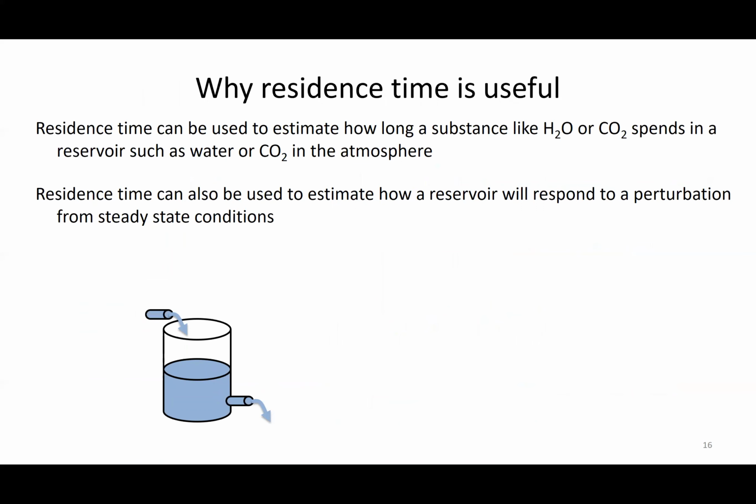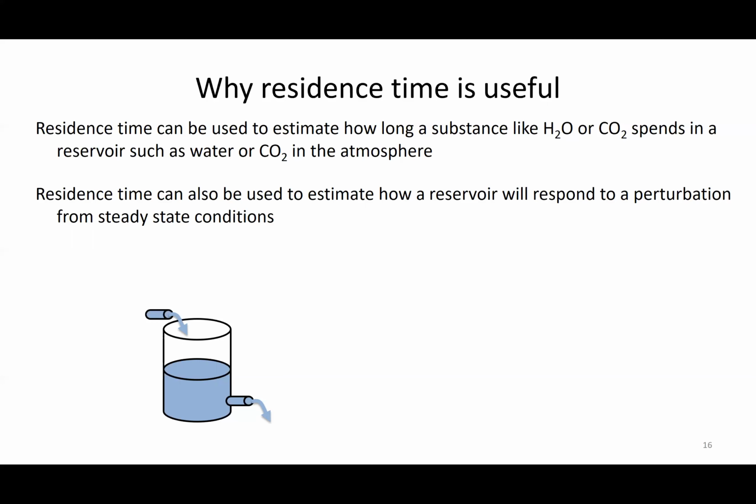Why is residence time useful? Residence time can be used to estimate how long a substance like water or CO2 spends in a reservoir, such as the time that they spend in the atmosphere. But even more importantly, residence time can also be used to estimate how a reservoir will respond to a perturbation from steady state conditions.